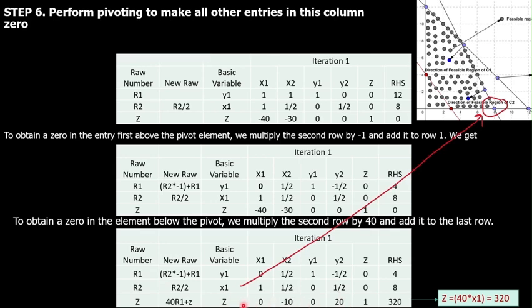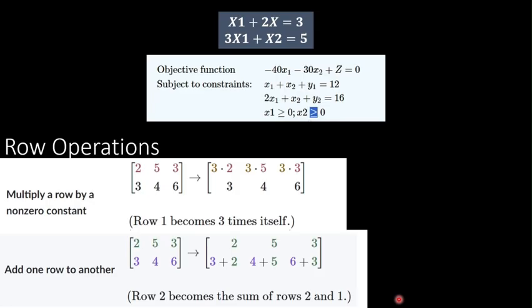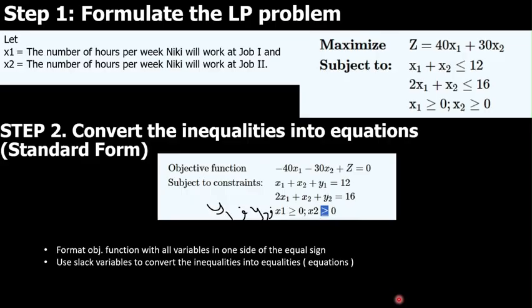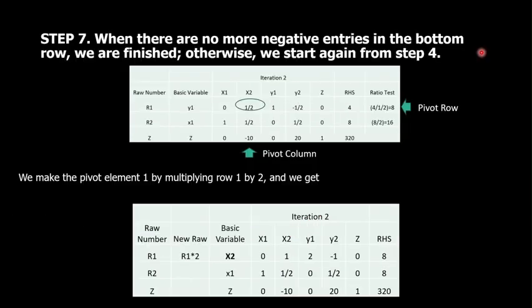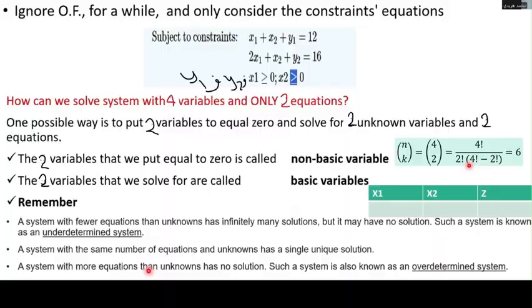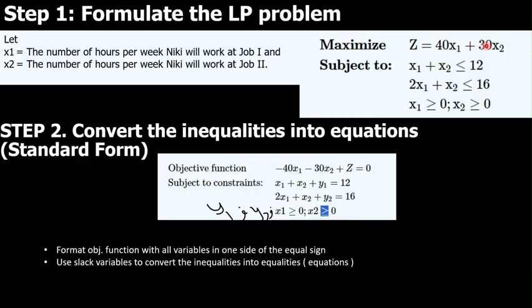On the row of z, we have a negative value. This means that this solution is still not optimal. The reason is that x1 equals 8, which means that z equals 320, and there is a negative 10 here, which means that x2 has a positive 10 coefficient.